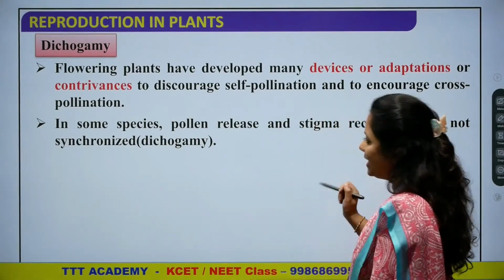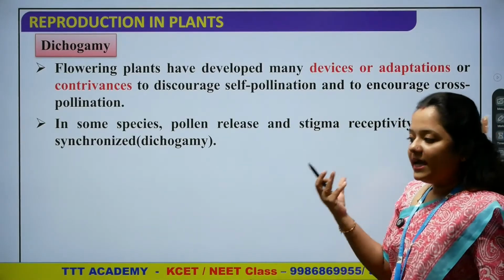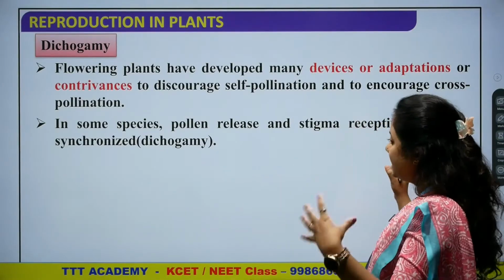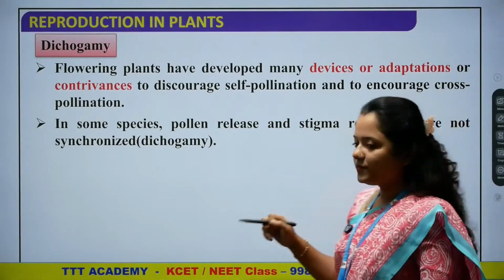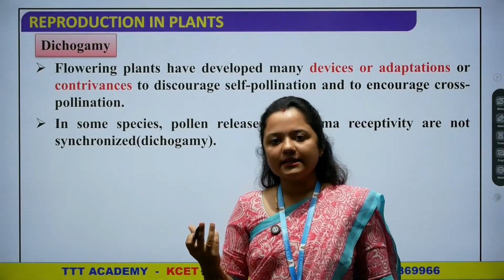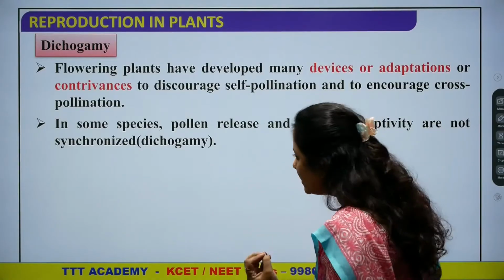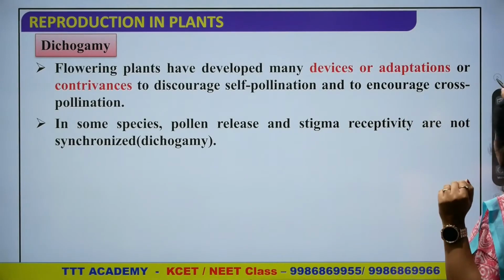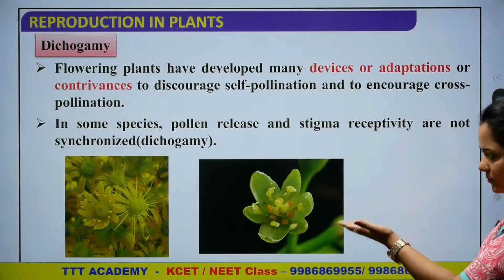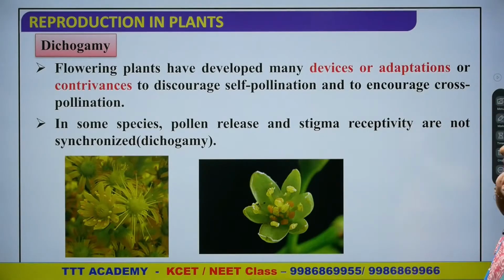Dichogamy is a condition where pollen grains are released on the stigma, but the stigma is not ready to take up the pollen grains or does not allow the pollen grains to germinate. Okay, so the plant species are shown here.